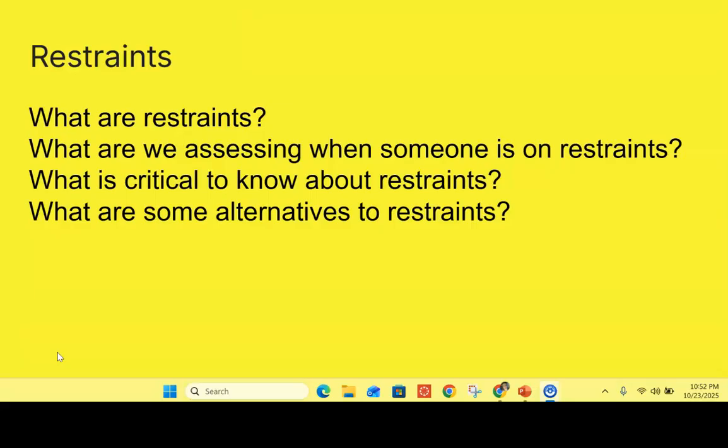Technically, using 4 side rails, so 2 at the top, 2 at the bottom, is considered a restraint. It's not a restraint when 2 rails are up and the patient has a route to exit the bed safely and to maneuver freely within the bed. Used to prevent a sedated patient from falling out of bed.